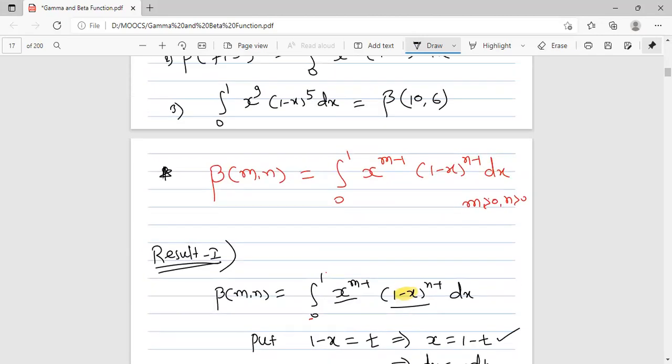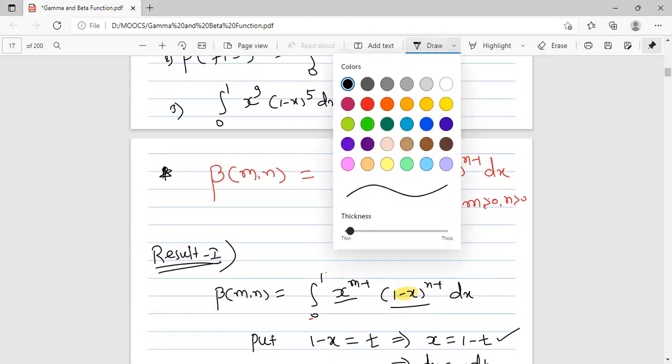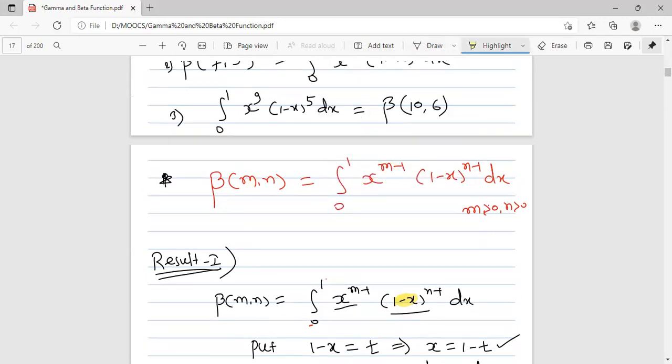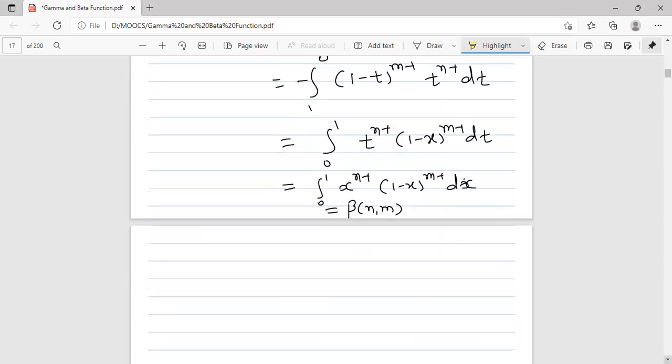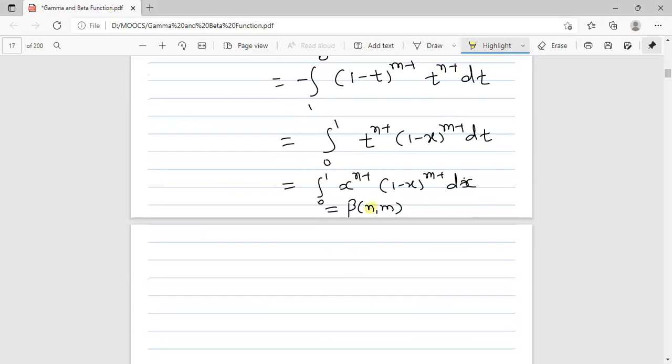This is beta nm. And what is our left hand side? Left hand side is beta mn. So beta mn equals beta nm.